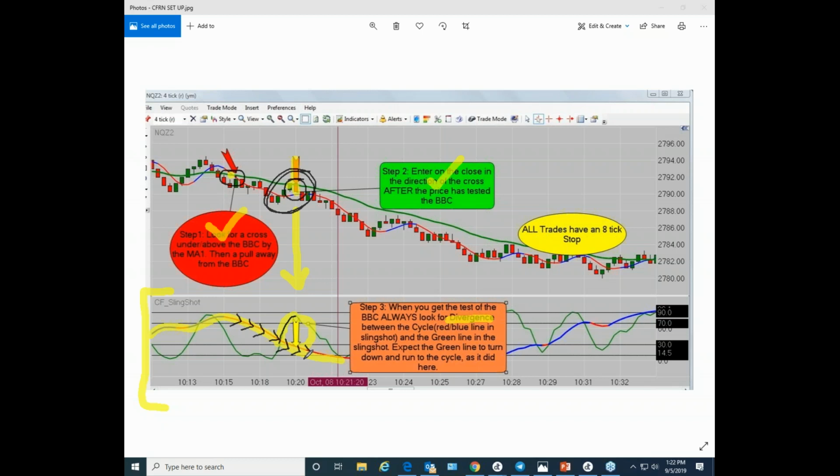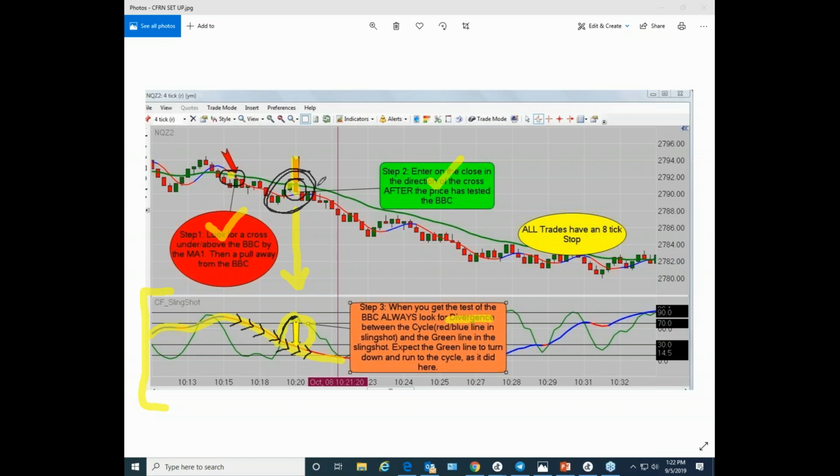Okay? And when this is happening, step number 2, together with step number 3, which is this pull away, it's like a slingshot, right? That's why it was labeled that. It's pulling the rubber band back from the slingshot. What it's saying is, look, this is just a pullback in this ongoing downtrend, because the cycle is pointing down. So we should get short, okay?